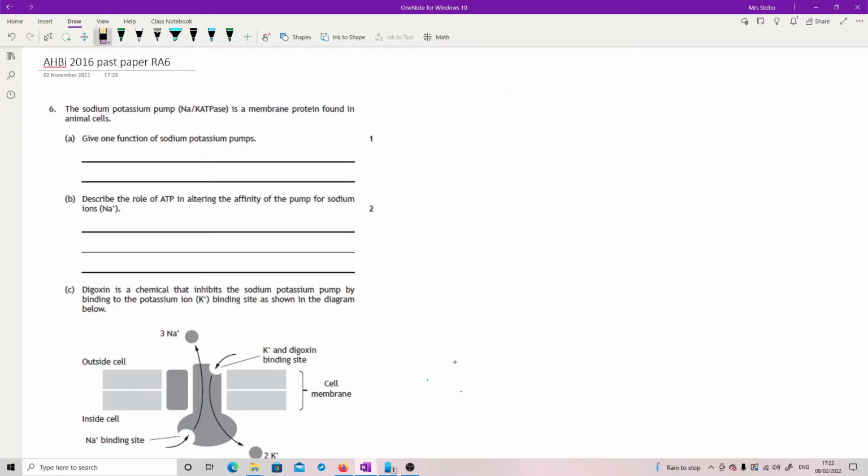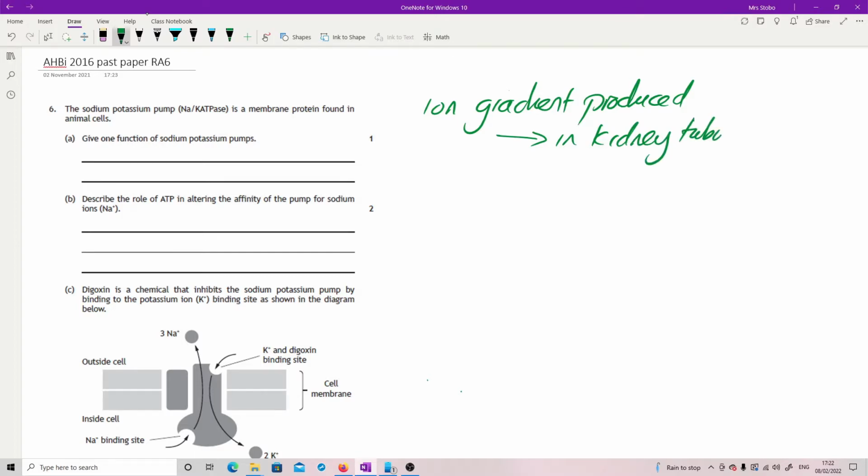So once you've got your ion gradient, you then use that for different things. Once you've produced that, and you had to get all of this in, you can use that in your kidney tubules.